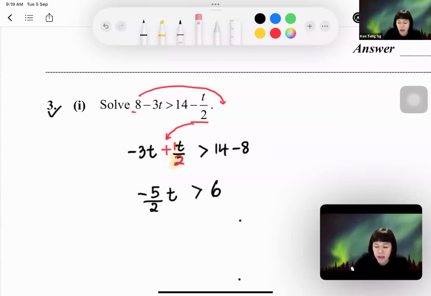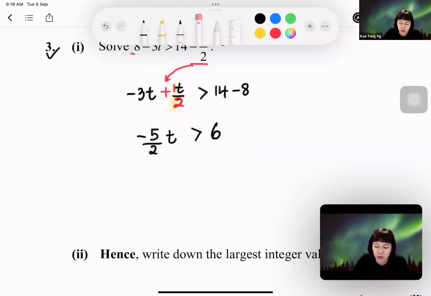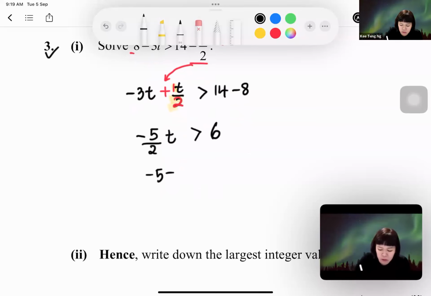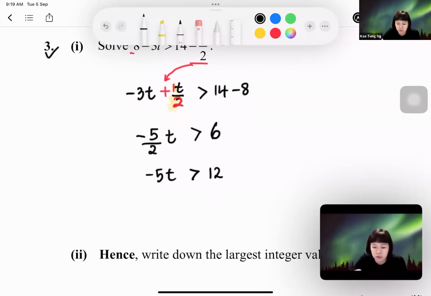Then after this, now I try to get rid of my denominator. I'll multiply by 2 or just divide by negative 5 over 2 directly. Also can, no much of a problem. So I'll just do mental sum. Now I'm going to divide by negative 5. I'm dividing by a negative number.